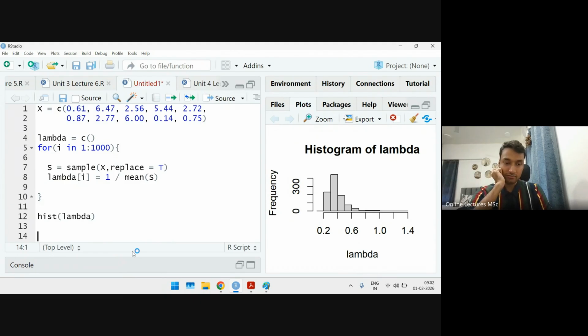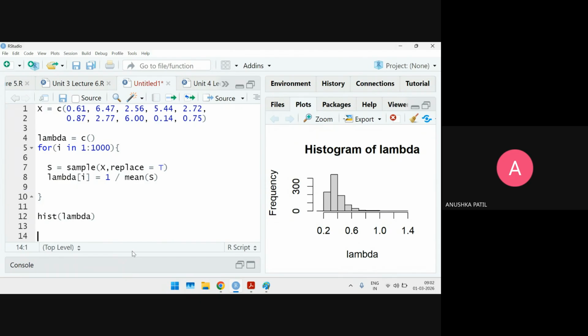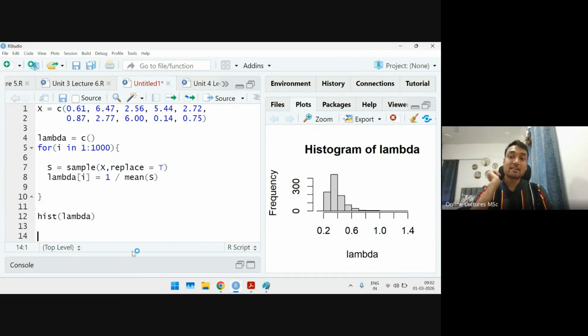Anushka: As per the distribution, lambda is positively skewed, so we have to use chi-square or t. Fair enough, guys. See, the whole perspective of Bootstrap was to get away from the distribution. When you say chi-square, you're again going to the distribution. I don't want to go to the distribution. If things were falling in place, I would have already used those theories.